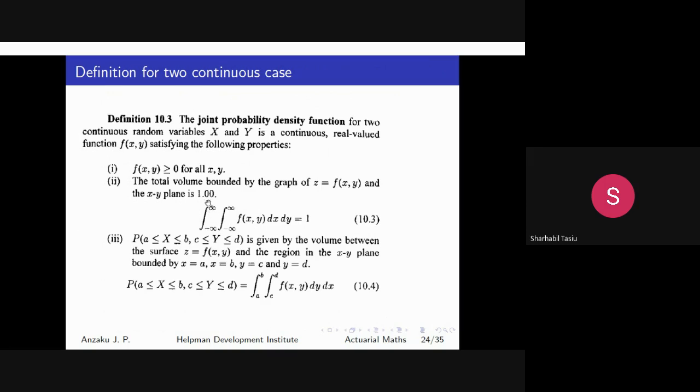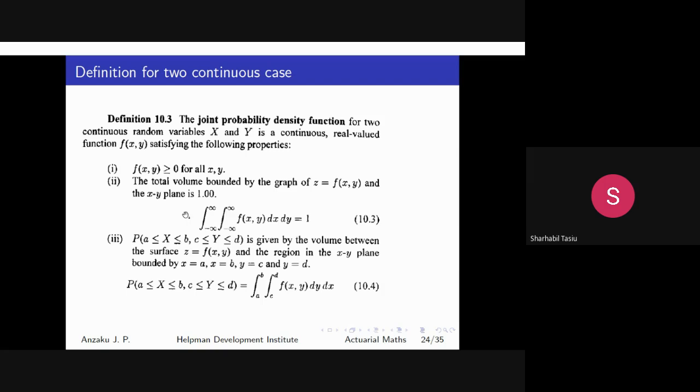So when we integrate both of them, that's the integral from negative infinity to infinity. The first integral is for the first random variable, x, while the second integral is for the second value, y. So for each case, we have the x and the y.